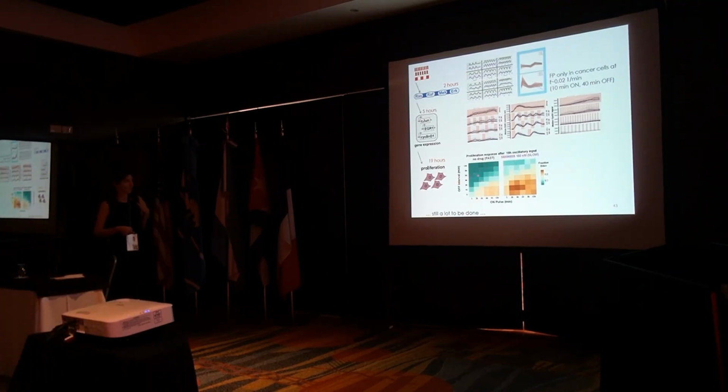This is normal cells, this is cancer cells, and in the vertical axis you have the off interval, in the horizontal axis the on interval. So let's say you start here and you go down with a vertical line. What you are doing is fixing on, decreasing off. On plus off gives me the period.